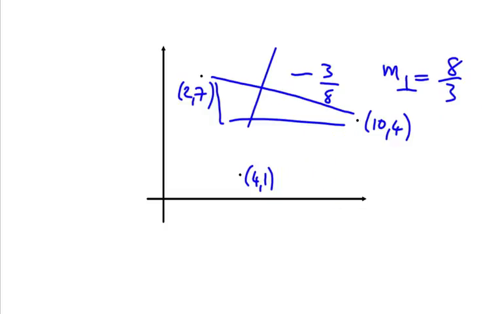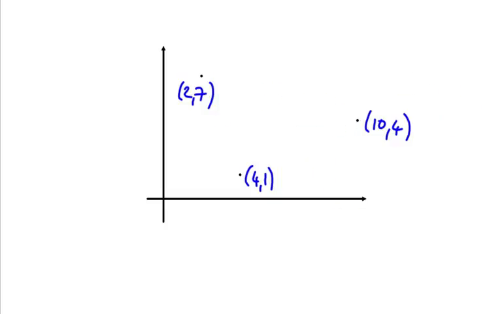It doesn't matter if it's negative or positive, steepness is steepness. So this one here is the line that gives us the 8/3 one. So what do we need for an equation of a line?